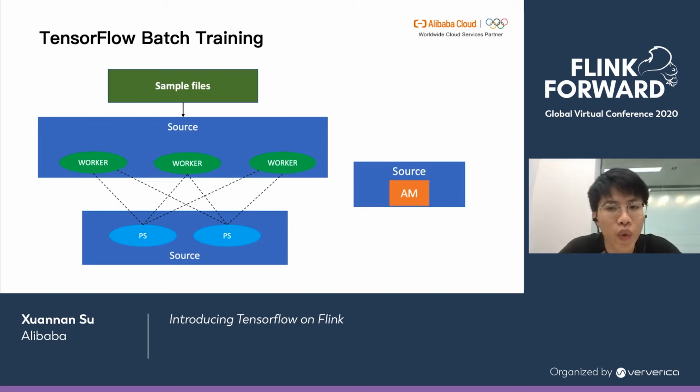And Flink will run the workers and parameter servers in the Flink source operator. The parallelism of the source operator corresponds to the number of worker or parameter server nodes set by the user. The application manager always runs in a source operator with a parallelism of 1.